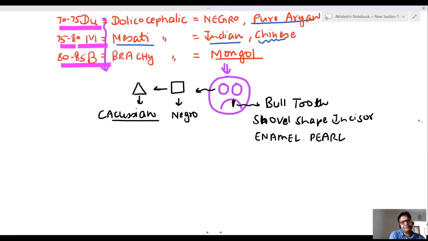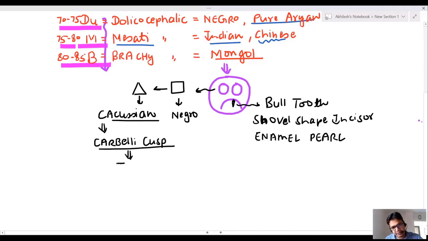You can get this question. Now, C for Caucasian, C for Carabelli cusp. Carabelli cusp is present in the teeth.